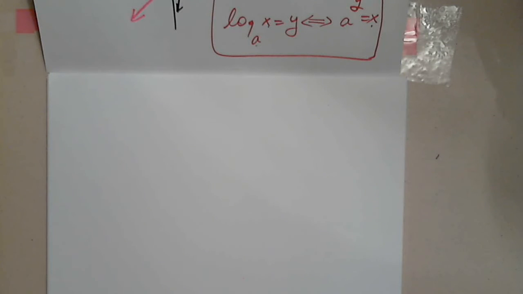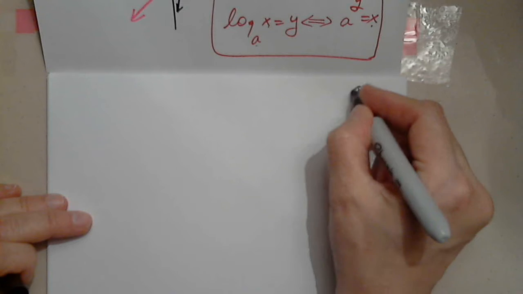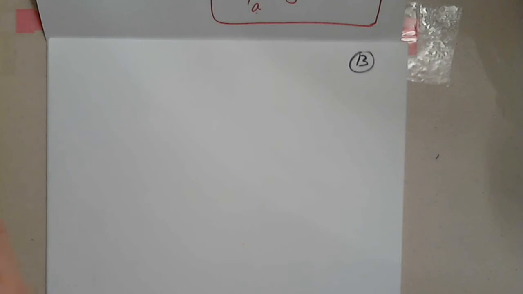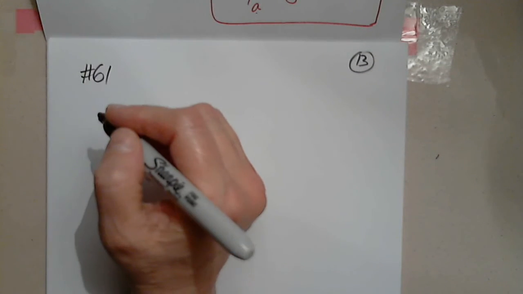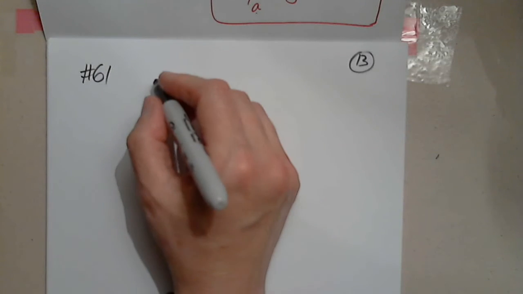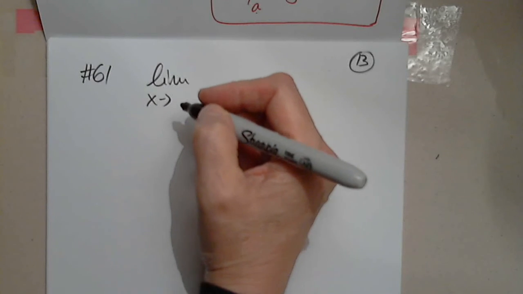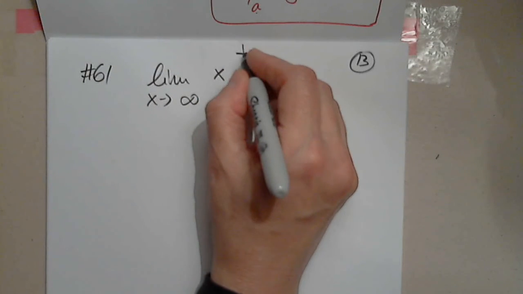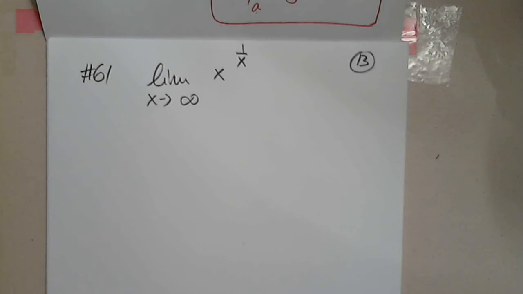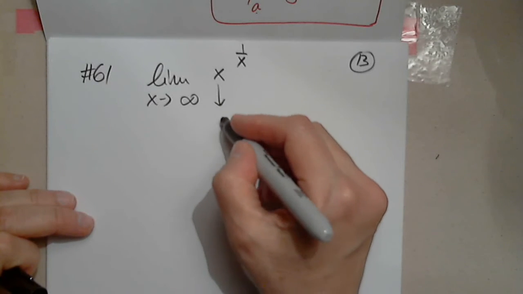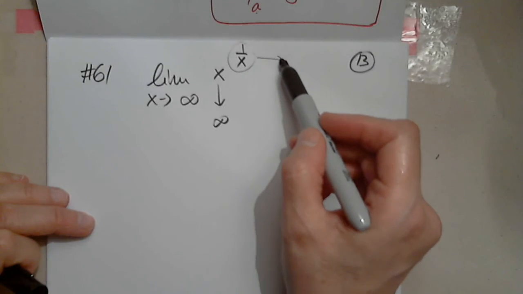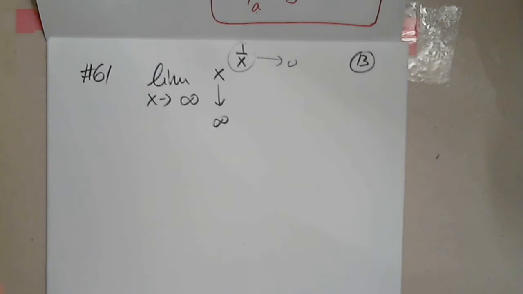I wanted us to have all of them. Okay, so 61. In 61 we have natural log, limit as x approaches infinity from x raised to 1 over x. So obviously this approaches infinity, and this approaches 0. So now we can say that we even have the case infinity raised to 0.